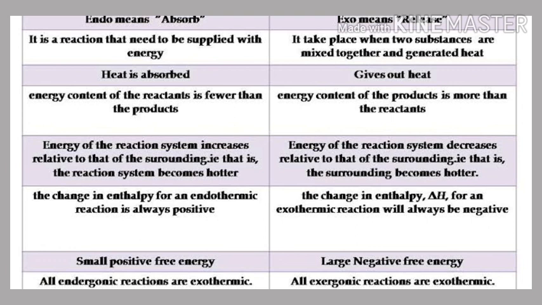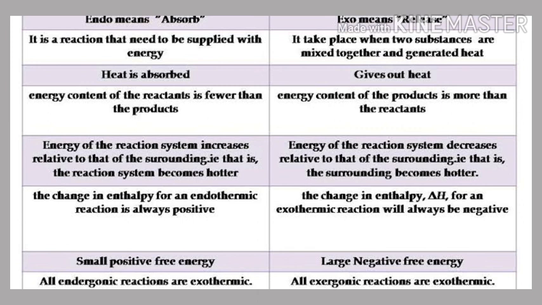And exactly opposite, in exothermic, energy of the reaction system decreases relative to the surrounding, that is, the surrounding becomes hotter. The change in enthalpy of an exothermic reaction is always negative, and in endothermic it is positive. So I hope you understand all the process.